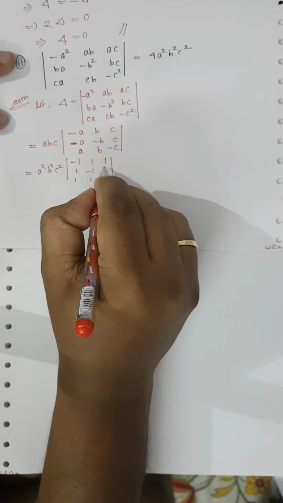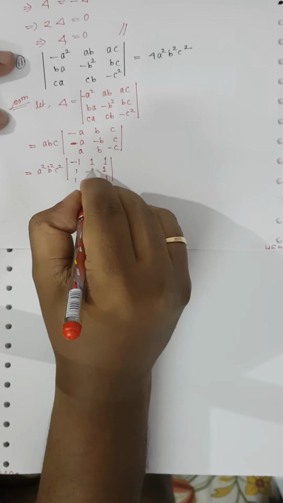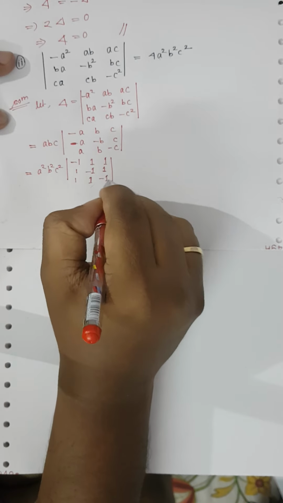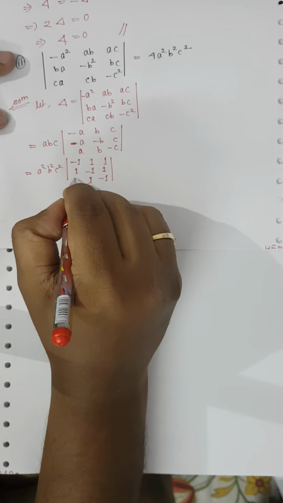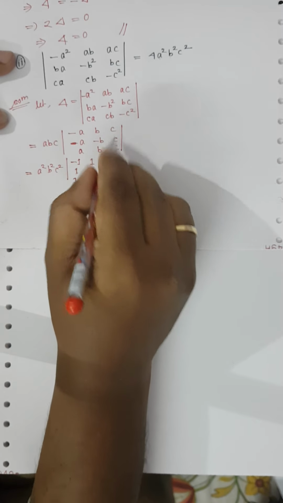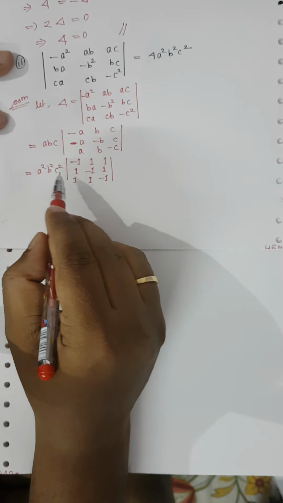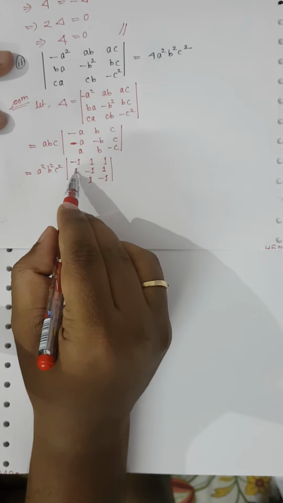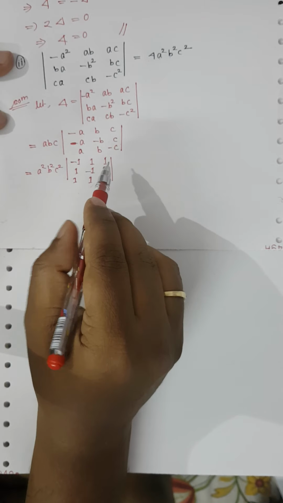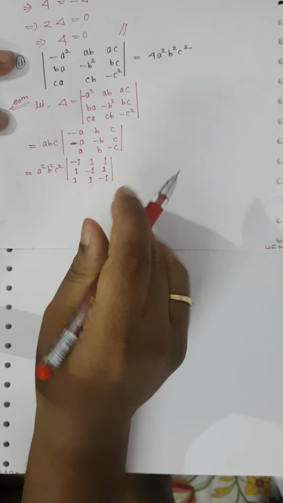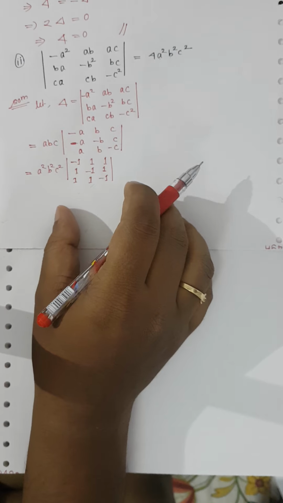Here I have taken the constants a, b and c common from column 1, column 2 and column 3. Now we have to expand.